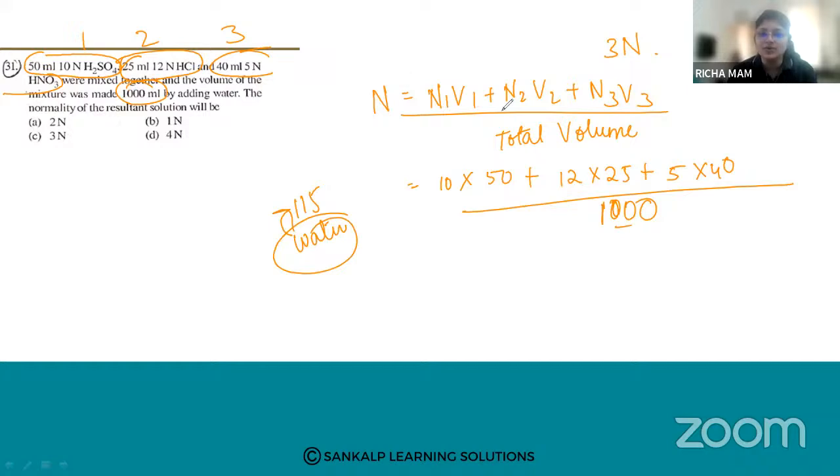See now how much you are getting. Yes, Neeraj has got it as B. What about others? 50 into 10 plus 25 into 12.